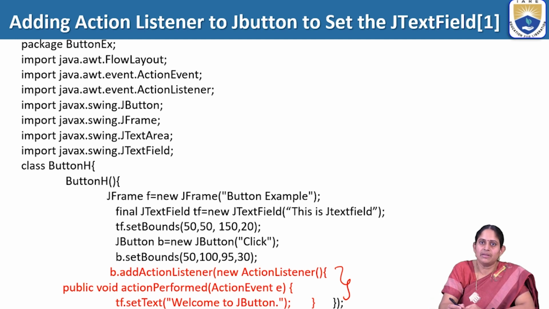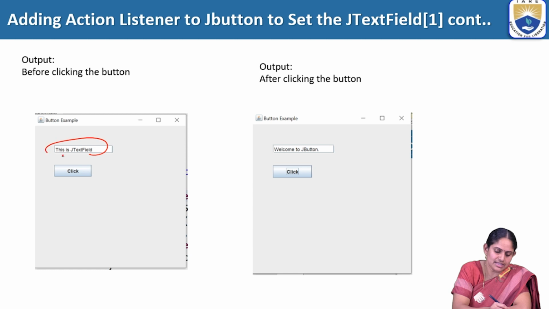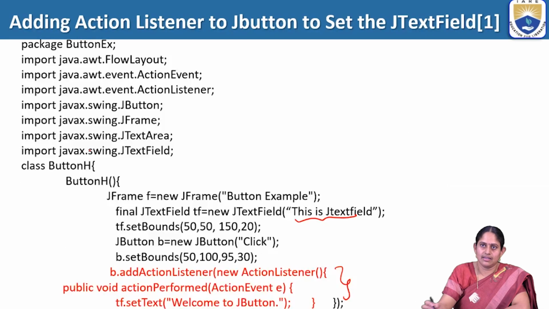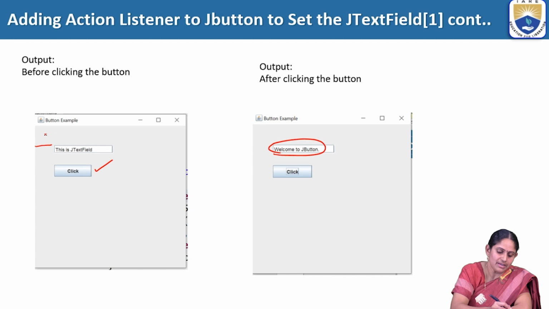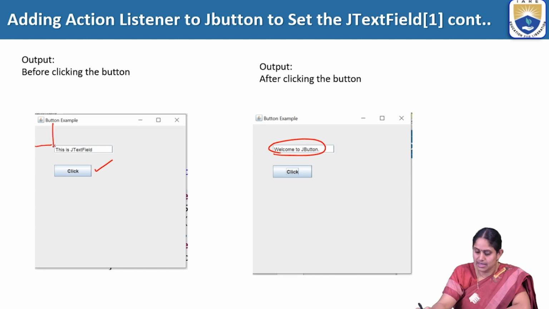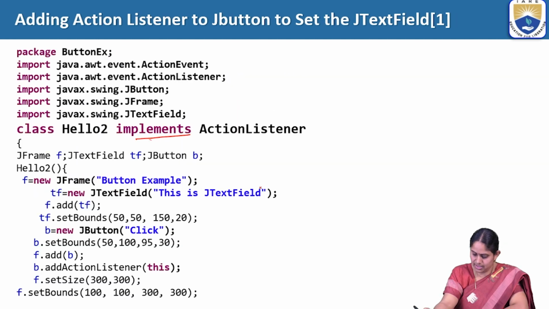In our example, we are creating a text field with default text, "this is JTextField", so we get this text field with capital letters. We are setting the bounds so that this text field will be placed at 50 and 50 as its x and y coordinates.